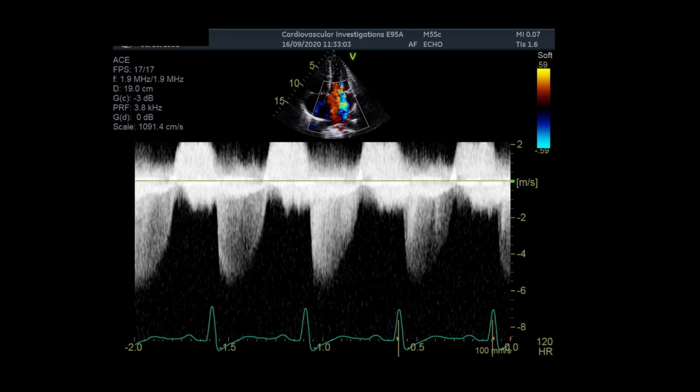In contrast, this continuous wave Doppler spectral shows firstly evidence of MR, mitral regurgitation. So you can see flow away from the probe, so that's below the baseline during systole. And then in diastole, you can also see mitral inflow with increased velocity above the baseline, which has been cut off because of where the baseline is set.